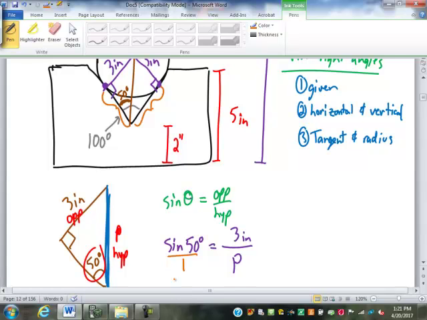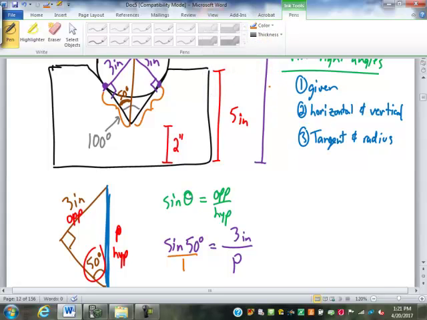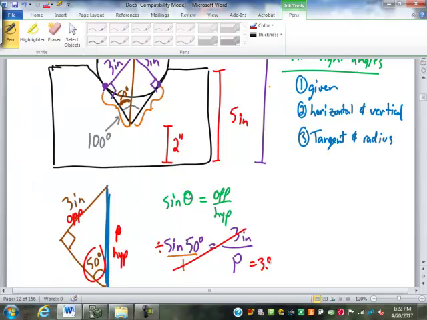So we put the trig function over 1. And we will cross multiply and divide. So I'm going to do 1 times 3 is 3, divided by the sine of 50. So 1 times 3 divided by the sine of 50 degrees. Making sure I close my parentheses for good form. And I get 3.916 inches.